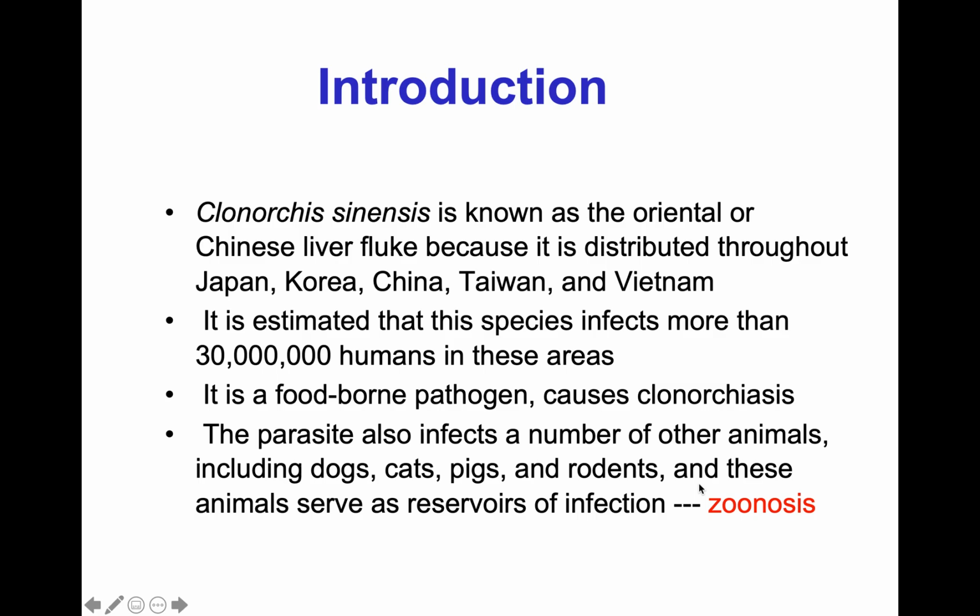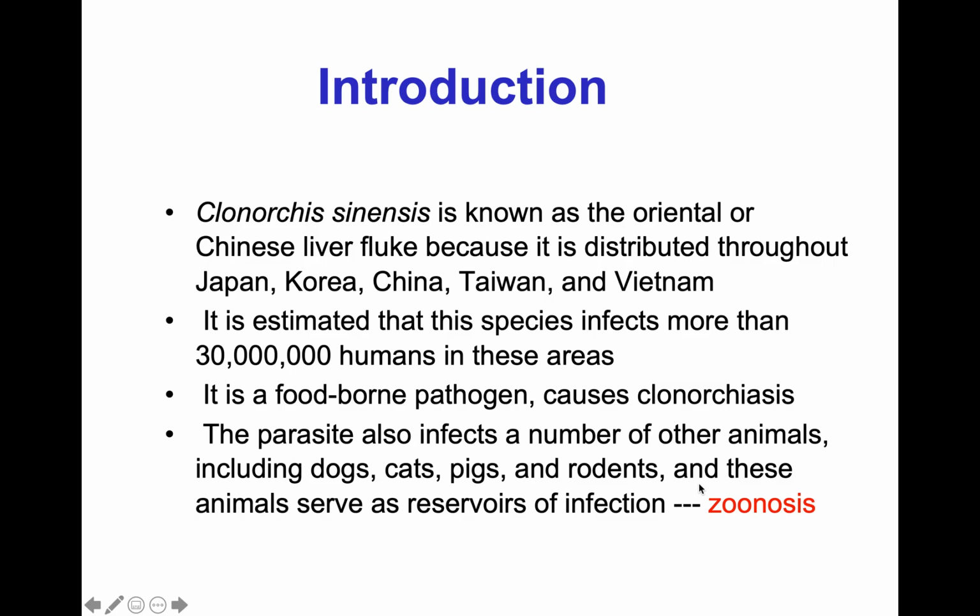It's a foodborne pathogen that causes clonorchiasis, and this parasite also infects a number of other animals, including dogs, cats, pigs, and rodents. These animals serve as reservoirs of infection, so it causes a zoonosis. So this parasitic disease is shared by other animals and human beings.